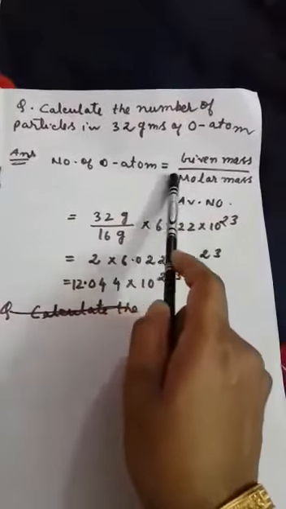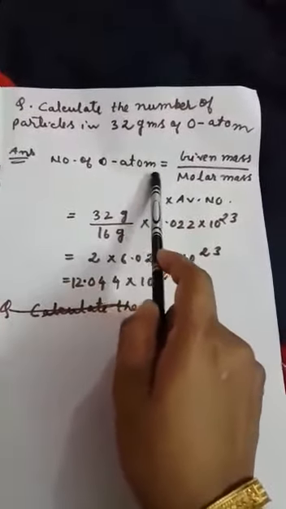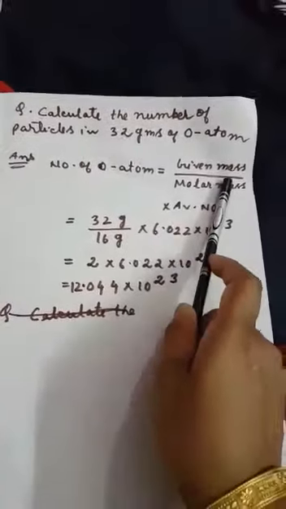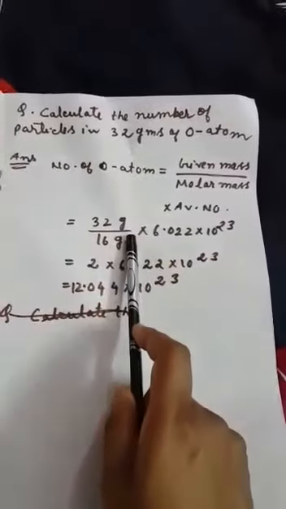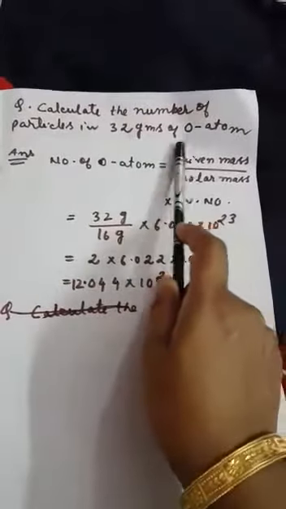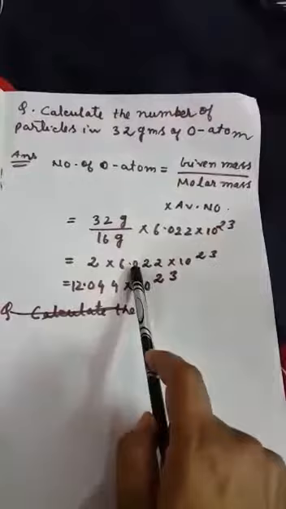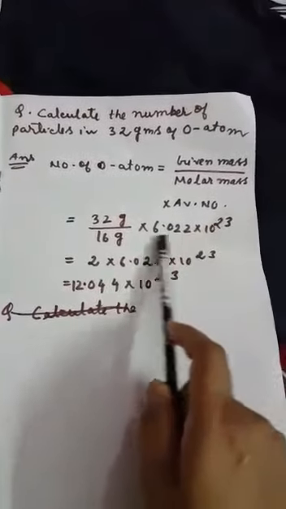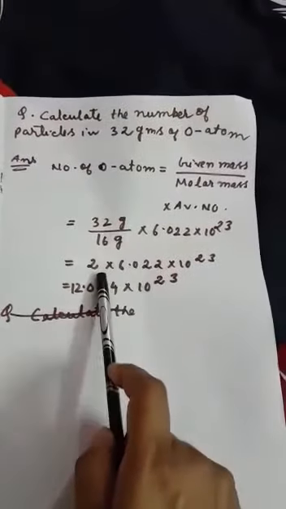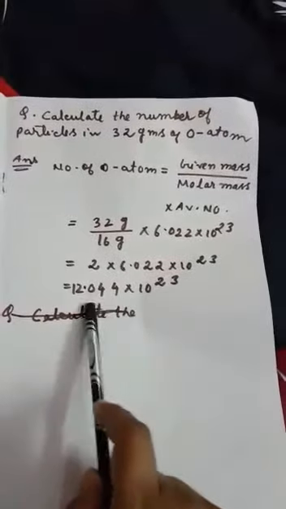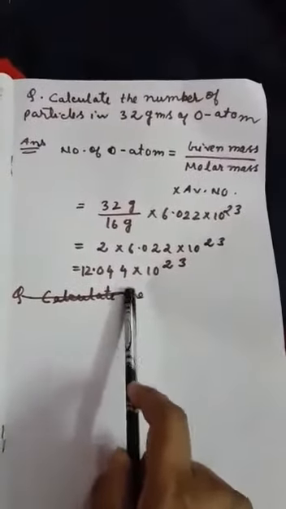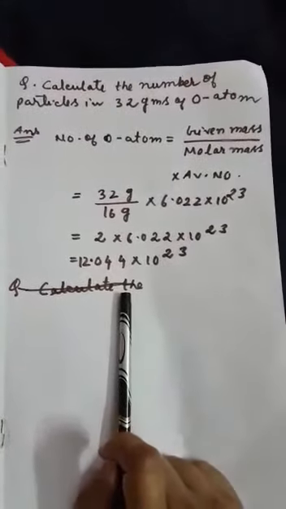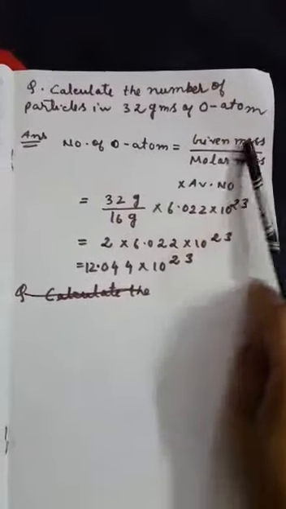So the number of particles of oxygen atom is equal to given mass, which is 32 gram, and mass of one oxygen atom is given. Single oxygen, so 16 gram, into Avogadro's number. Gram will cancel out, it will be 2. If you multiply you will get this number. Am I clear? So these are the numerical problems that you have to do.